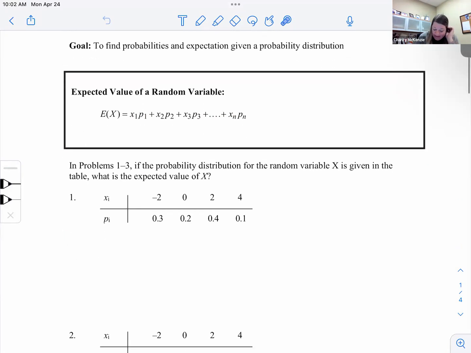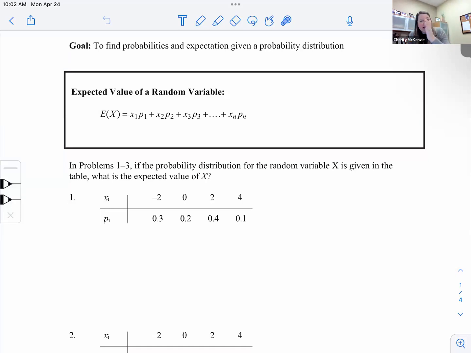So we could have something like this one, and it says, is the probability distribution for the random variable in a given table? If the probability distribution is given. So this problem wants to know, first of all, is this a probability distribution? Expected value is timesing things together, but for a distribution, they better add to 1.